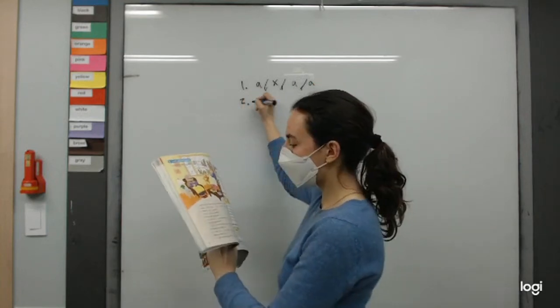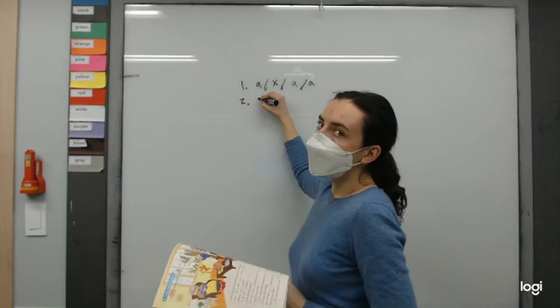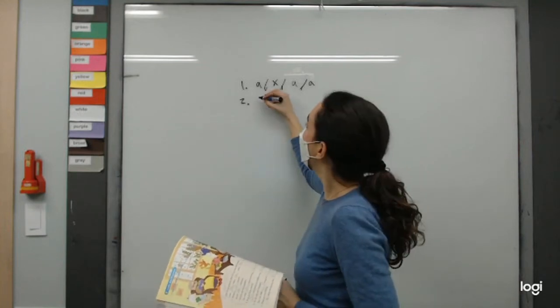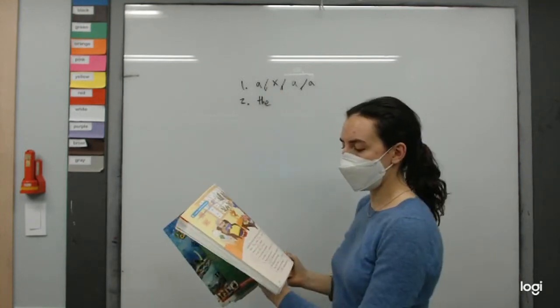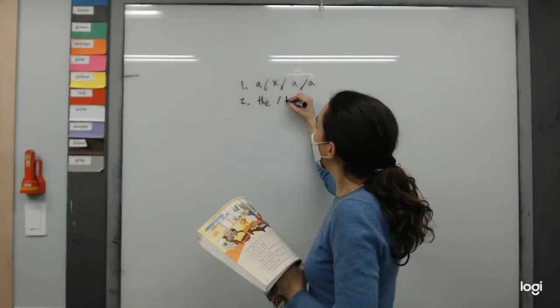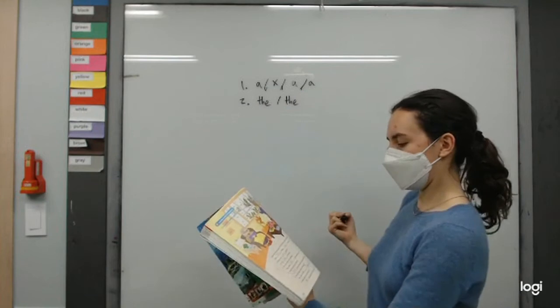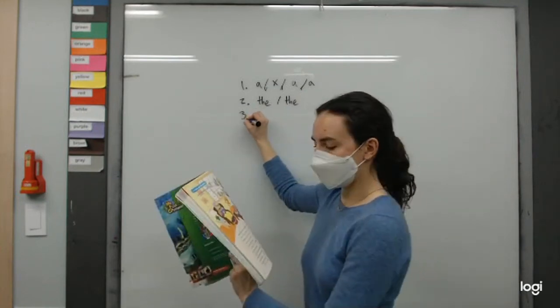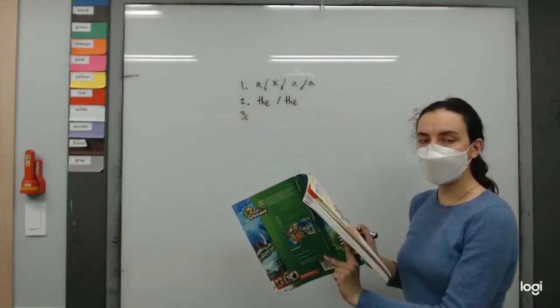Number 2, where is, second time talked about, the plant, okay? It's by, second time talked about, the window. Number 3, do you see any people?